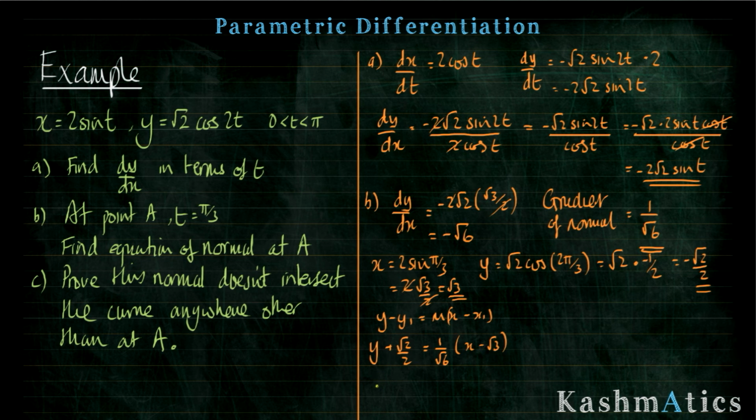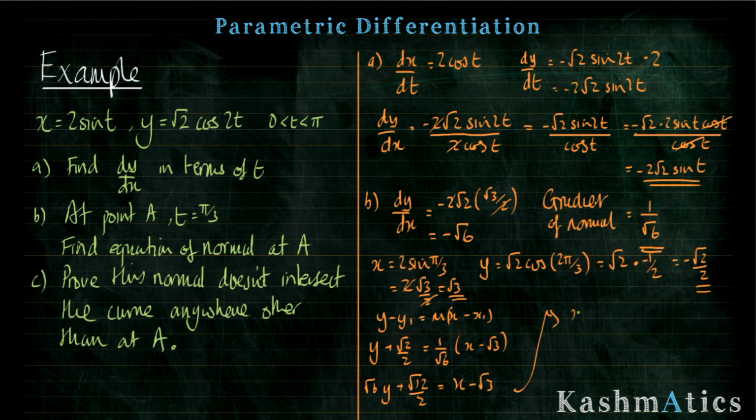So let's multiply everything by root 6, so root 6y plus root 6 times root 2 is root 12 over 2 equals, now this leaves me with x minus root 3, and let's just try and plug it all together.